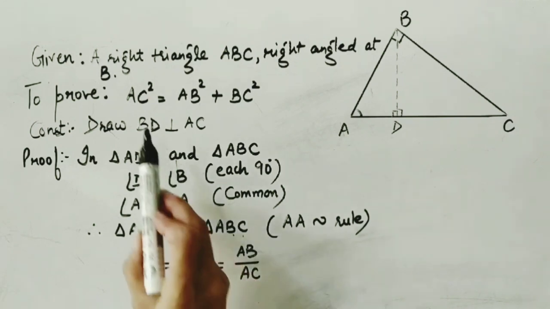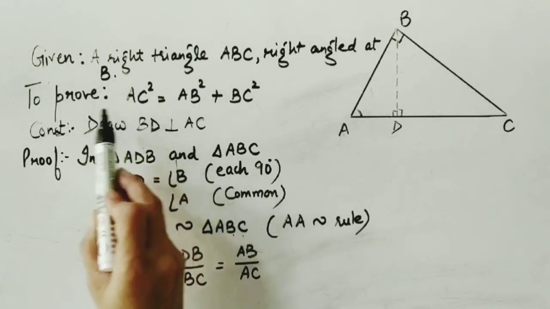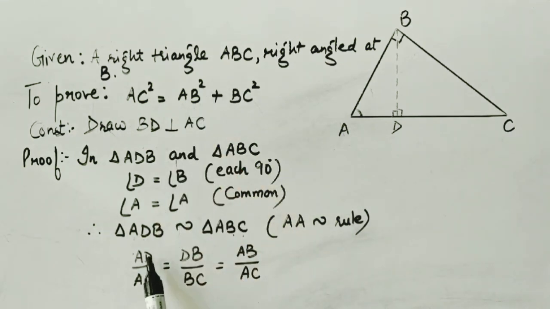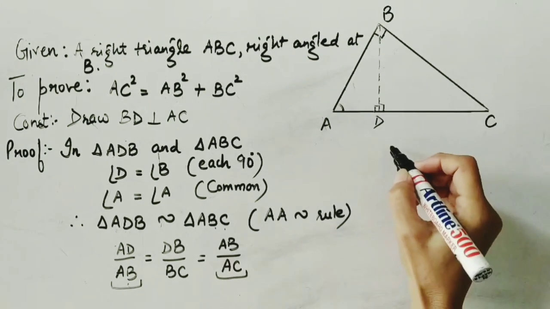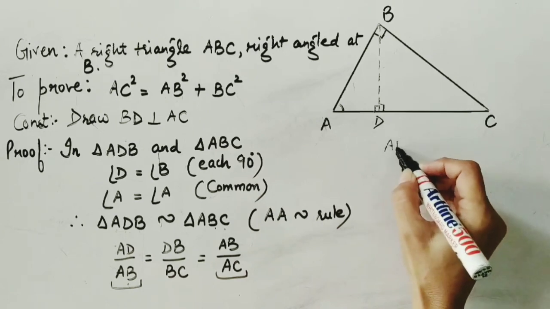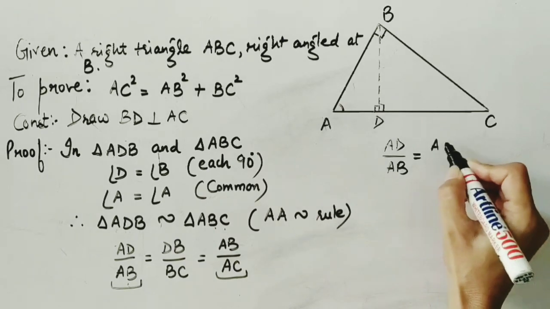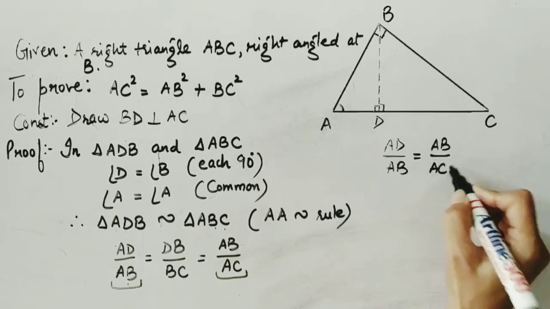Now look, in the proof, what we need to prove, we require AB square. From this set of ratios, AB in the denominator which is there in the first ratio, and AB in the numerator which is there in the third ratio needs to be taken. So picking up these two, which is AD by AB equals AB by AC.